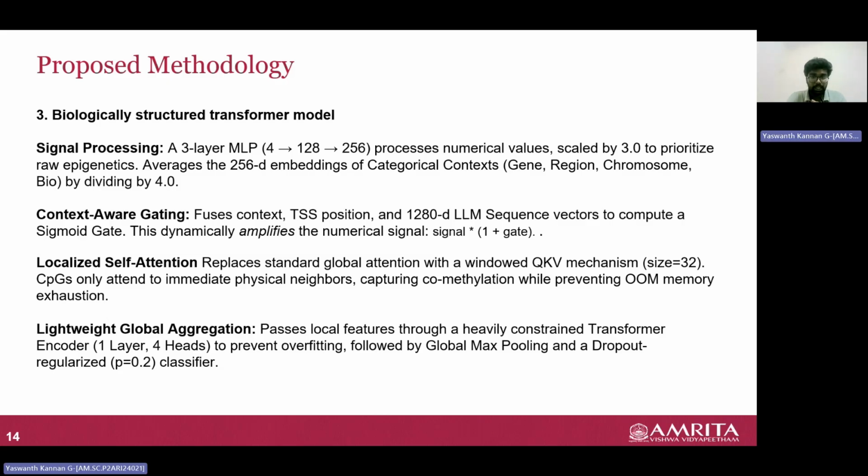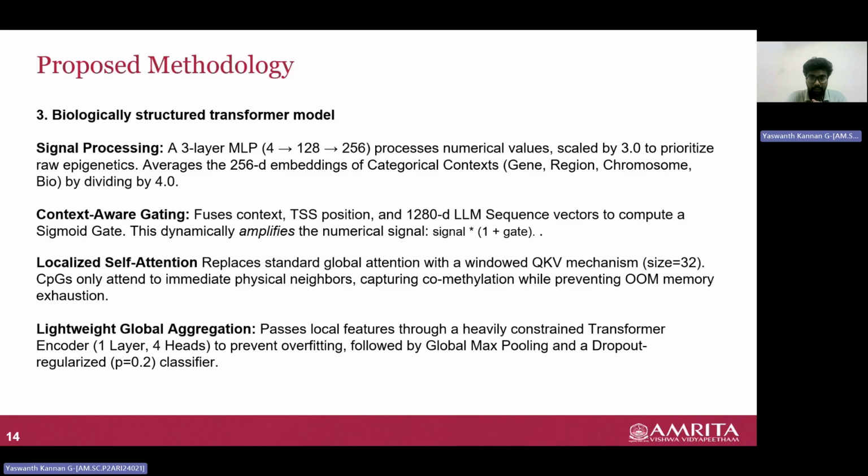To further enrich the representation, we incorporate DNA sequence context data. For each CpG site, the surrounding sequence is passed through the pre-trained model, as I told you before, and we get a CLS token embedding, which captures the sequence-level semantics. It is extracted and projected into the model space.